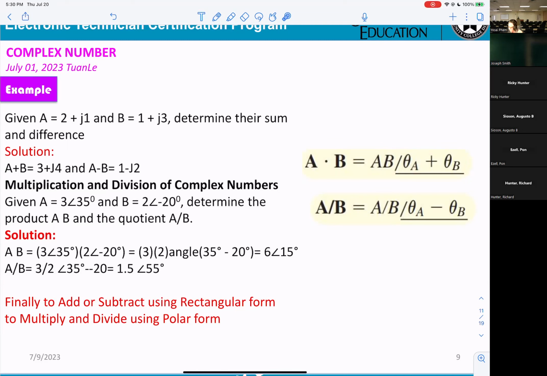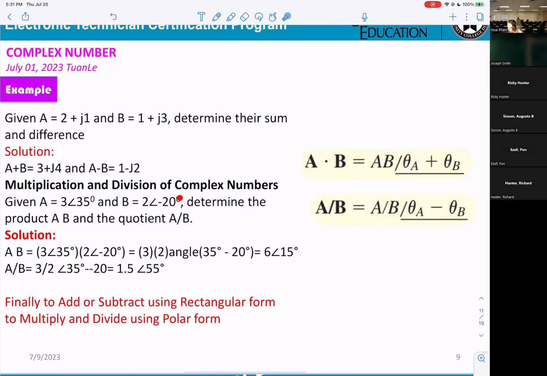They give you A equals 3 angle 35 degrees, B equals 2 angle minus 20. A times B: 3 times 2, you get the number 6. The angle will be 35 plus minus 20, so you get 6 angle 15 degrees.